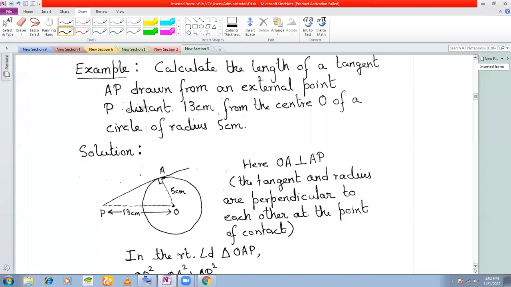This becomes your perpendicular and this becomes your base. You can apply your Pythagoras theorem to find out the length of the perpendicular, and this length will be the length of the tangent AP. This kind of problem we have already discussed back in class 8.